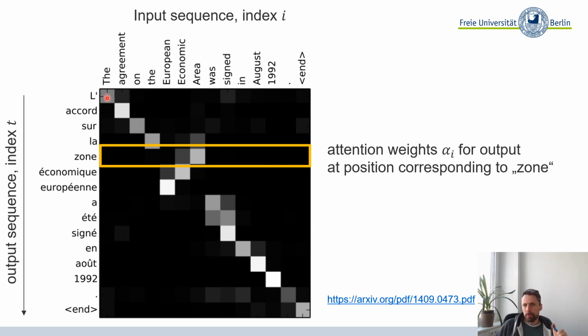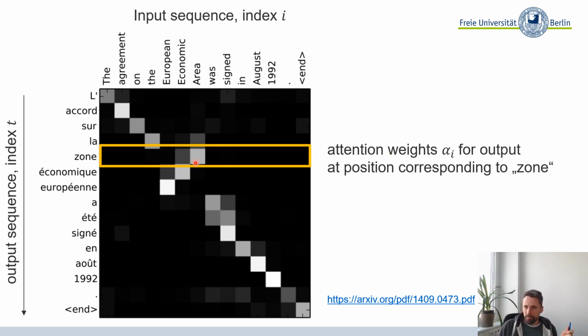So you can visualize these alpha ij's in this kind of matrix, right? One dimension shows the input sequence, and the other the output sequence. So for example, if we look at zone here, each of these values represents the weight with which the hidden state of the input is added into the ci vector.